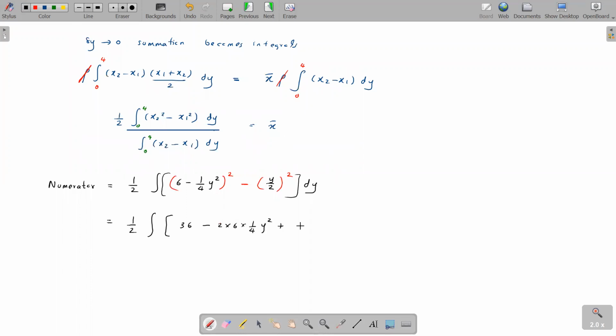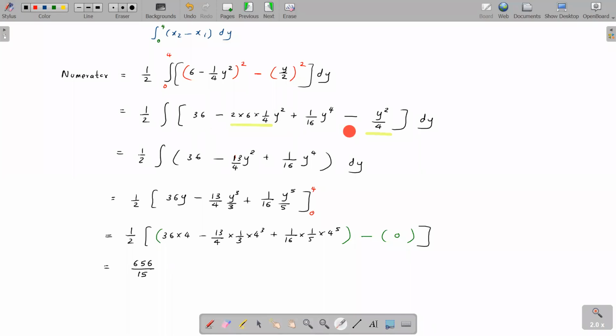And then plus the square of 1 over 4 y square is 1 over 16 y to the power 4. Then in the middle, it's a minus mark. Now this minus mark doesn't get squared because this particular minus is not inside the bracket, right? So minus is outside. Y over 2 square is y square over 4. Close bracket with respect to y. So now add the similar terms. First add the similar terms and then let's integrate.